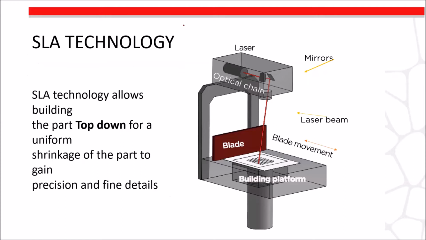And the building platform is going down after each layer printed. Okay. Laser is interesting equipment, and we strongly believe that it's the right solution for AM ceramic because you have very accurate parts, and you can do very fine details also. That's important points about the technology.